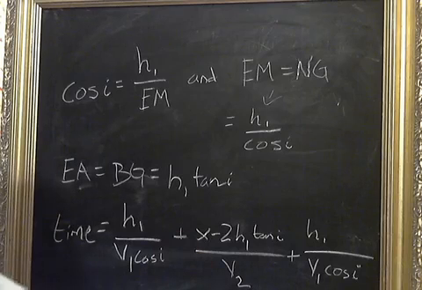So right away, we've come away from a more generalized equation into something more specific that looks more useful. But we're going to go ahead and simplify this even further.